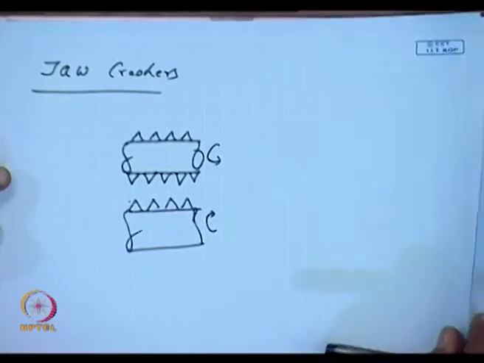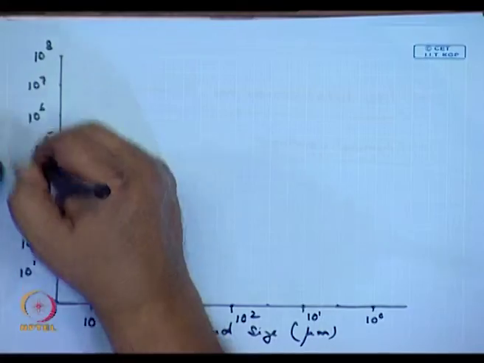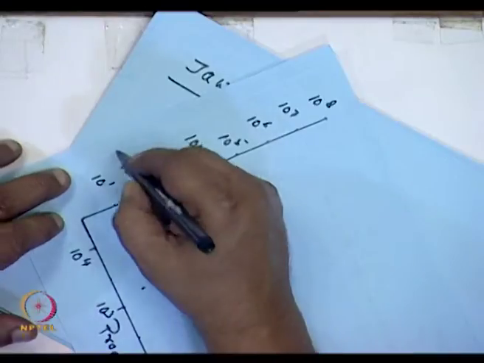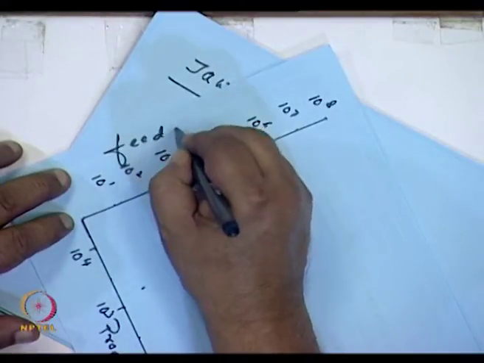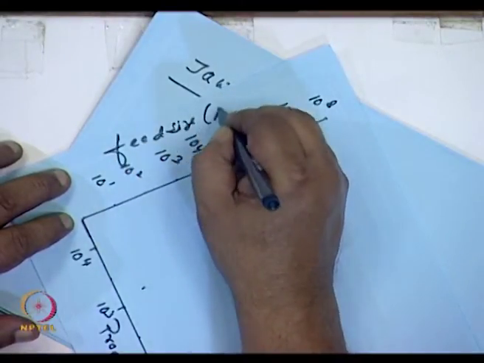Now, if I am looking at how crushing can be controlled, you see on this side I have written feed size in micrometer.